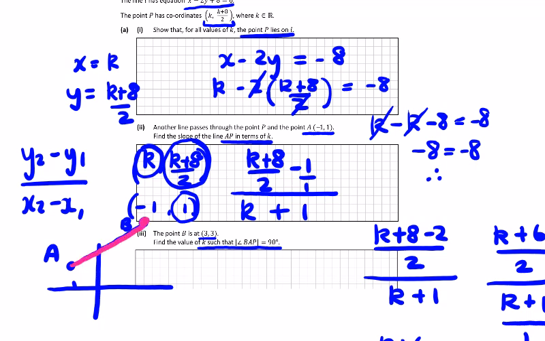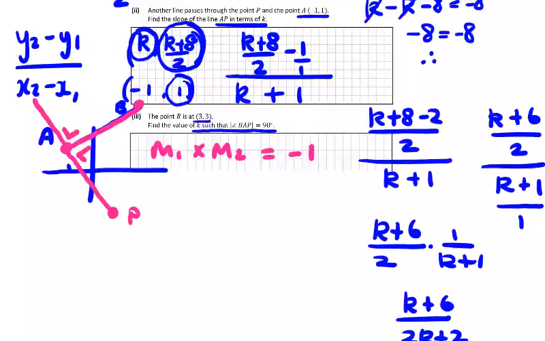A and B approximately here and here. And we're asked to show that BAP is 90 degrees. So it could be coming down in this direction, or it could be going off in this direction. So we need to get the product of these slopes. M1 by M2 is equal to minus 1 if the angle is 90 degrees.